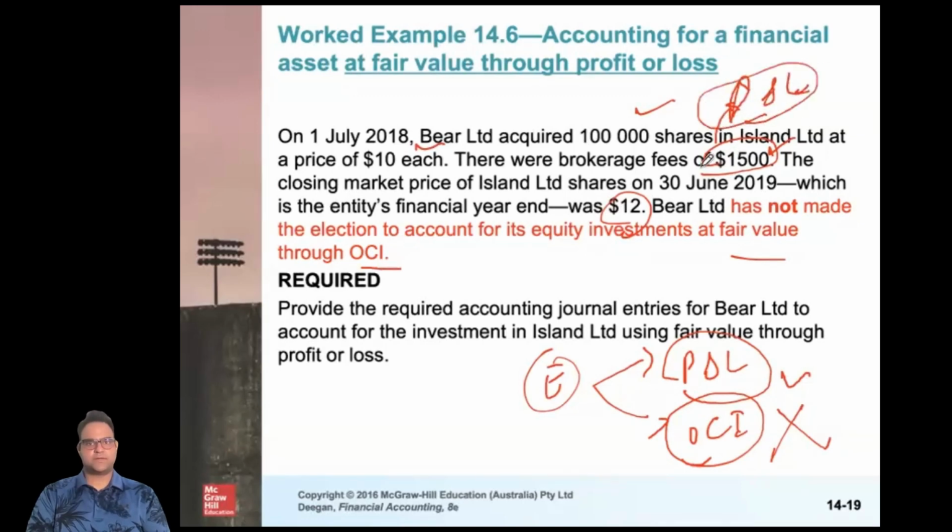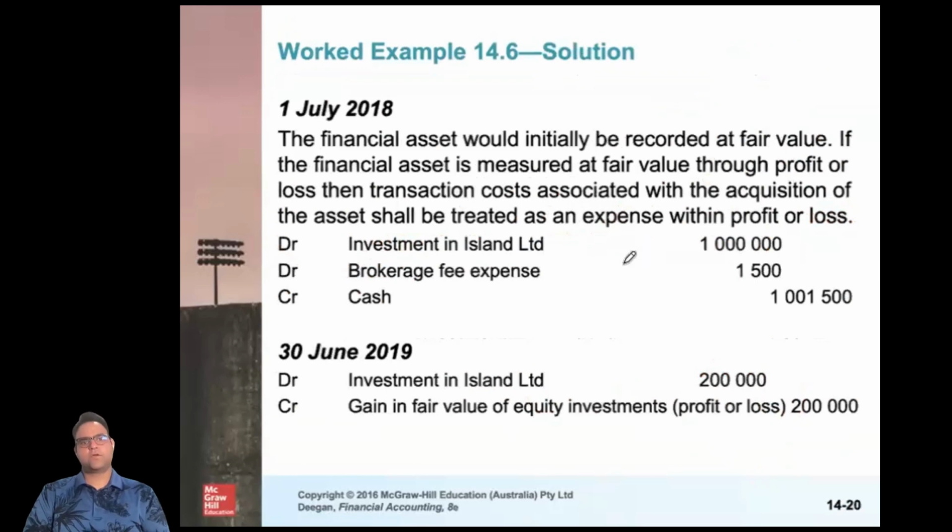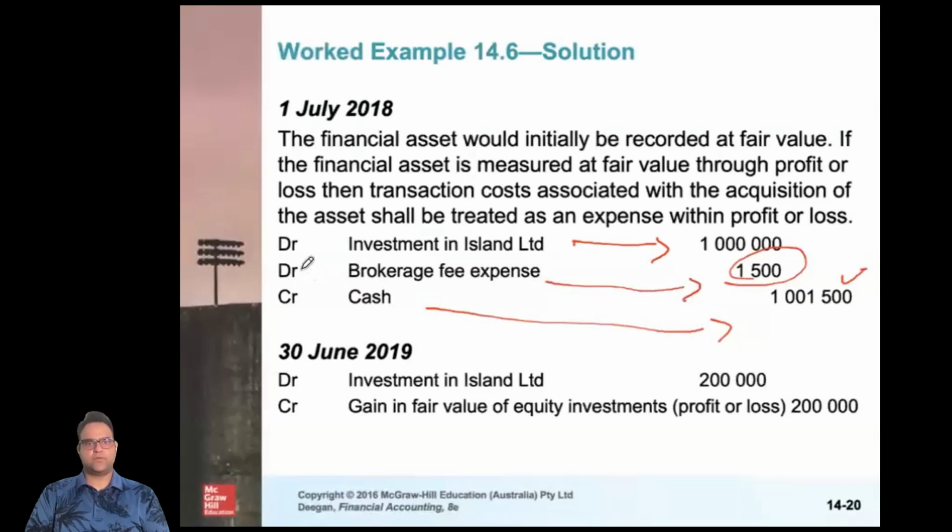Let me show you the entry. The company makes an investment of 1 million. They pay cash of 1.0015 million, and 1,500 is the brokerage expense, and this expense will eventually go to the profit or loss account.